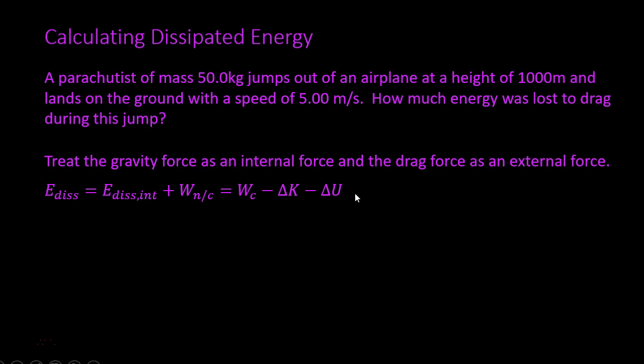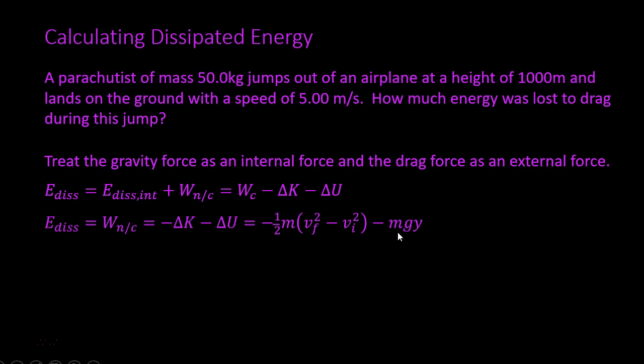So I can take my base equation and rearrange it to the total dissipated energy is going to be the work performed by the drag force, and that's going to be equal to the negative change in kinetic energy minus the change in potential energy. So what we're saying is that the dissipated energy is going to be the energy flowing out of the kinetic mechanism plus the energy flowing out of the gravitational potential mechanism.